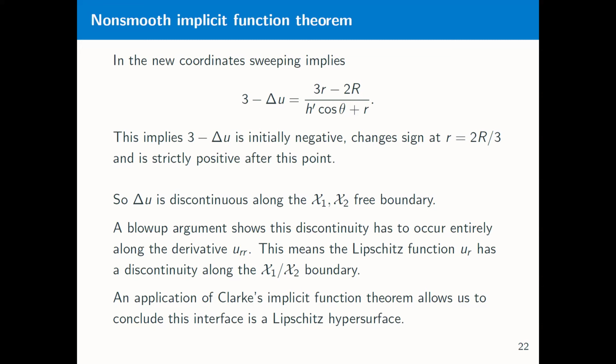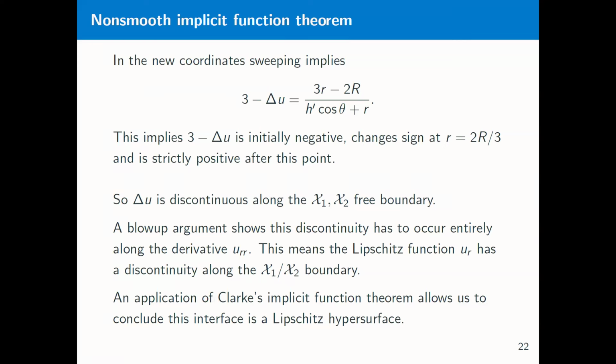Once we know the discontinuity in the second derivatives happens along URR, we know that the Lipschitz first derivative UR is different from the interior and the exterior directions. We can extend both of those into the other domains as new Lipschitz functions and obtain that our boundary is the set where these Lipschitz functions intersect.